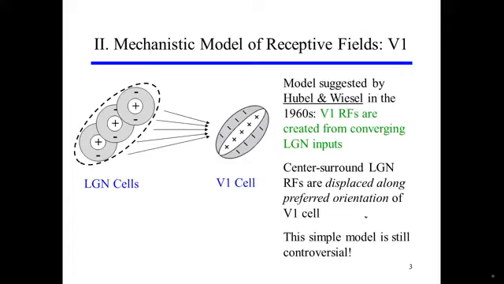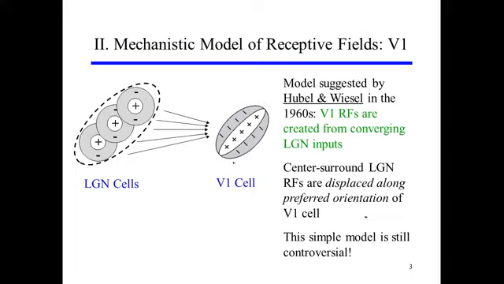Here's the answer. It's actually quite obvious when you think about it. In order to form a receptive field that is oriented and looks like this, all you have to do is arrange the inputs to have receptive fields that are aligned in this particular manner. And given that there is a feed-forward connection, or a convergence of these inputs onto one particular V1 cell, this cell is going to behave as if it has this type of receptive field.